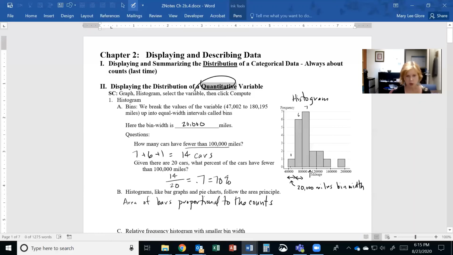All right, so the height of these rectangles, these bins, these bars, are the counts. The widths are all the same for each one. So the area of these bars is proportional to the counts. So what that means is that I have 70% of the cars that are to the left of 100,000. That also means 70% of the area, the shaded area, is also to the left of that line.